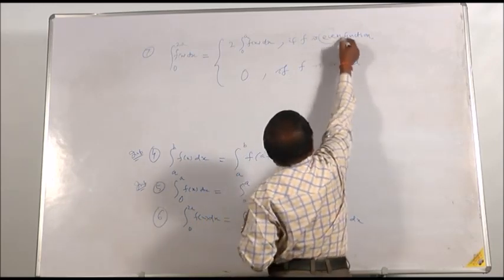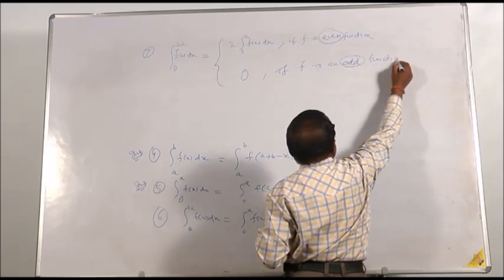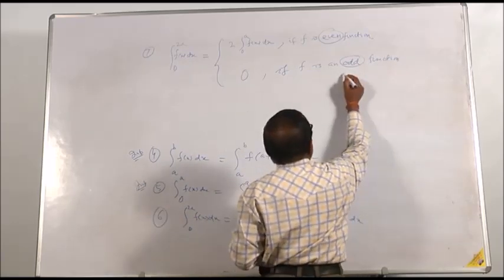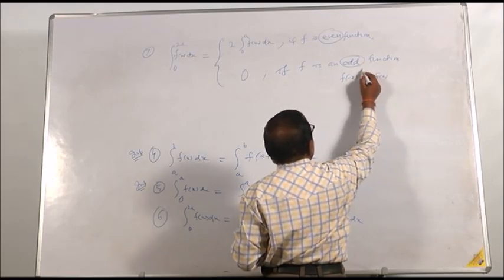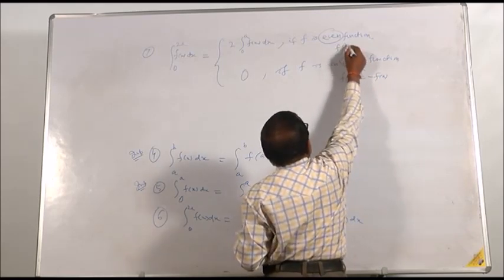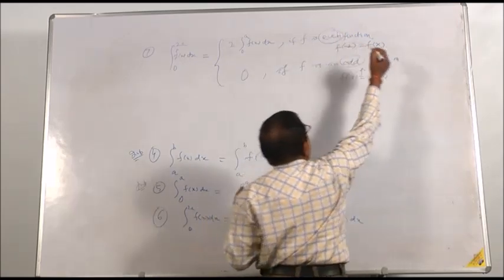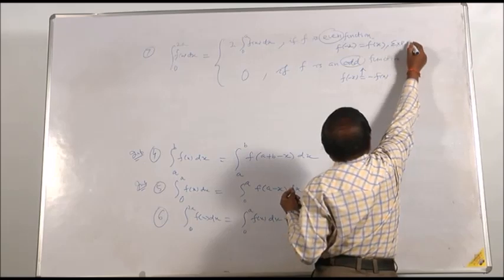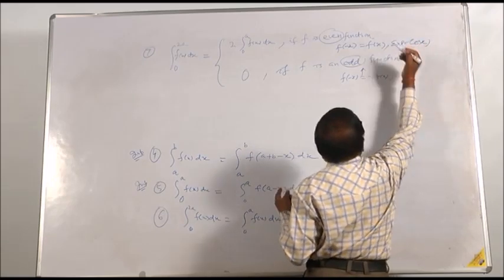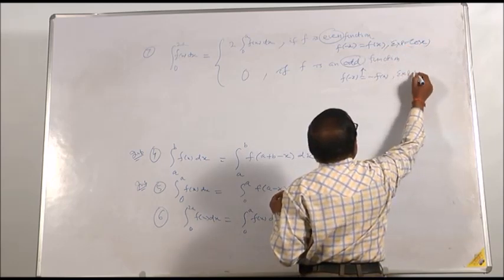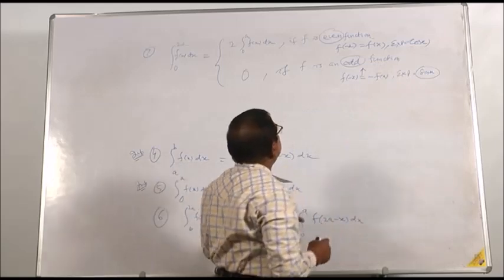You know this odd function and even function in the first year, I hope, because if f(minus x) is equal to minus f(x), then it is an odd function, and if f(minus x) is equal to plus f(x), then you get an even function. The example here is cos x is an even function, and here the example is sin x. This is an odd function, right?